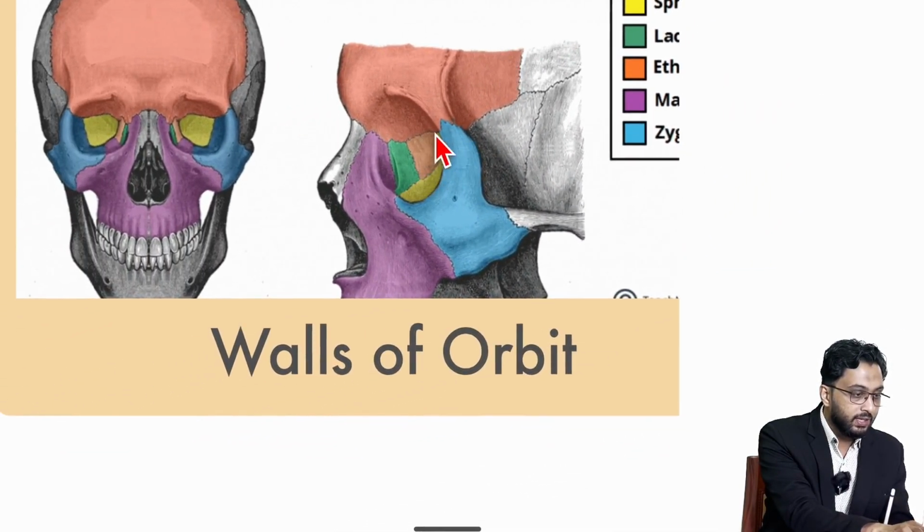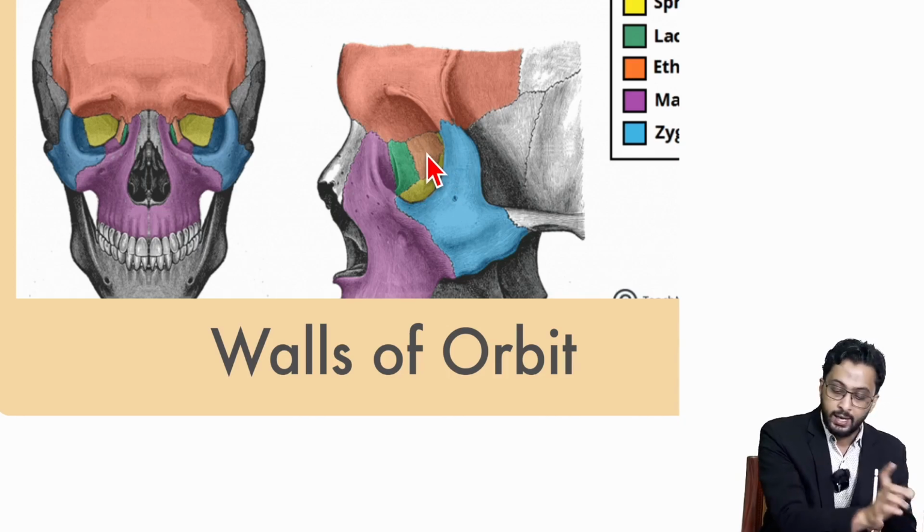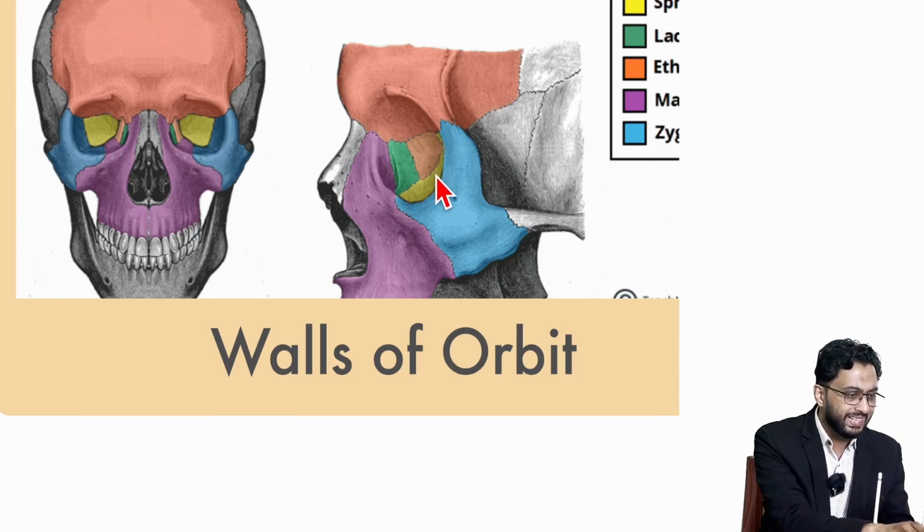Come to this picture. If you just see there, as I told you, this is the lamina papyracea of the ethmoid bone. You can see this is the ethmoid bone, the orange color. Above it is the frontal bone. And we saw that it is supported by the sphenoid and ethmoid. So it's very clear, this is the sphenoid, yellow, and this is the ethmoid.